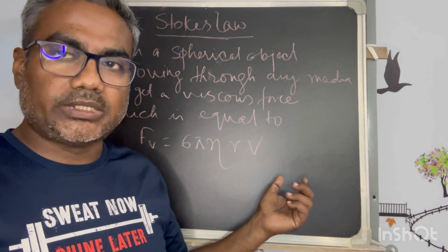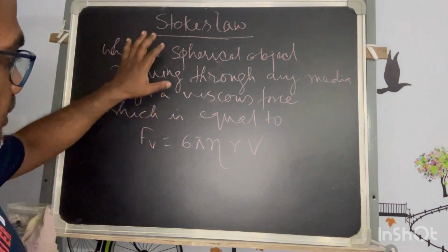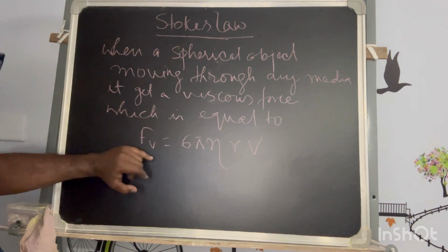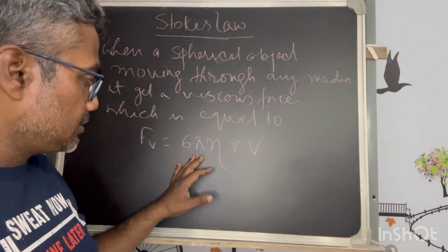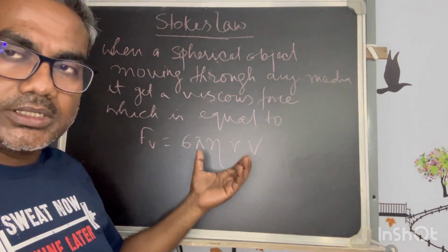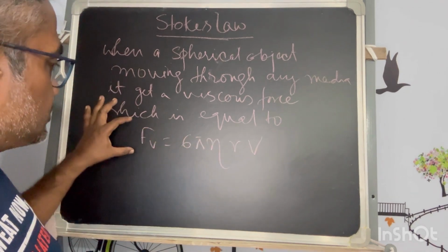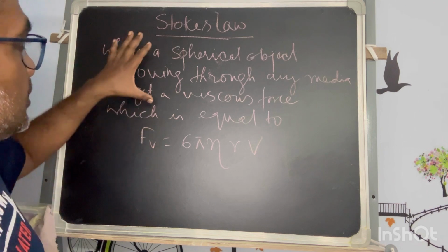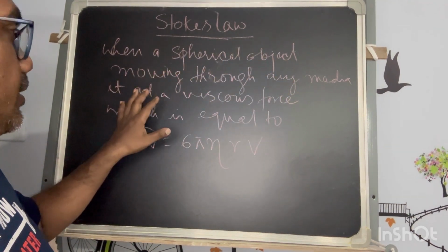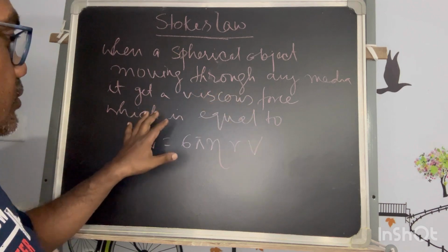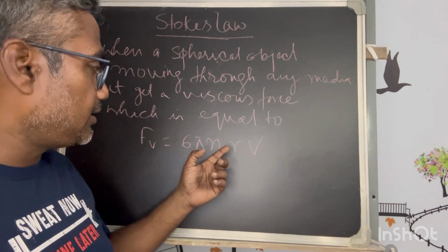The only thing to be covered is the formula. That formula has been derived, and it is a very complicated derivation. So just look at this formula, because the ultimate result for the viscous force, when a spherical object is moving through a media, is 6 pi eta r V.